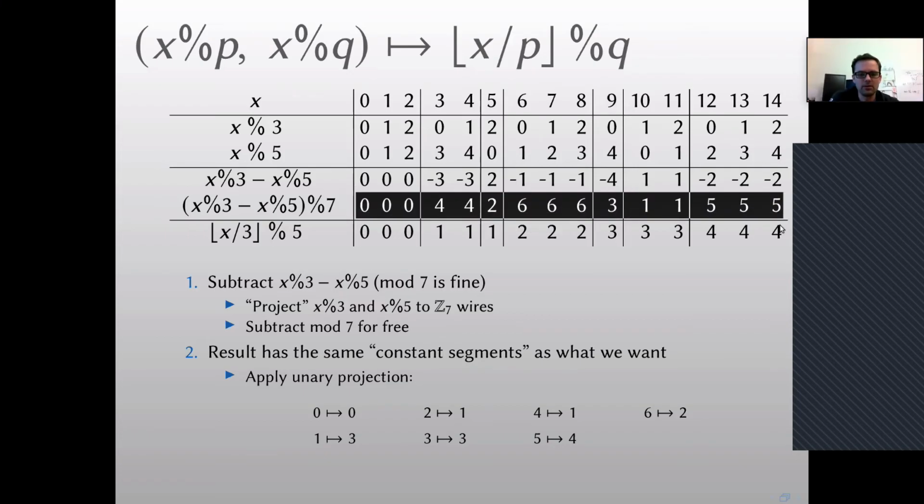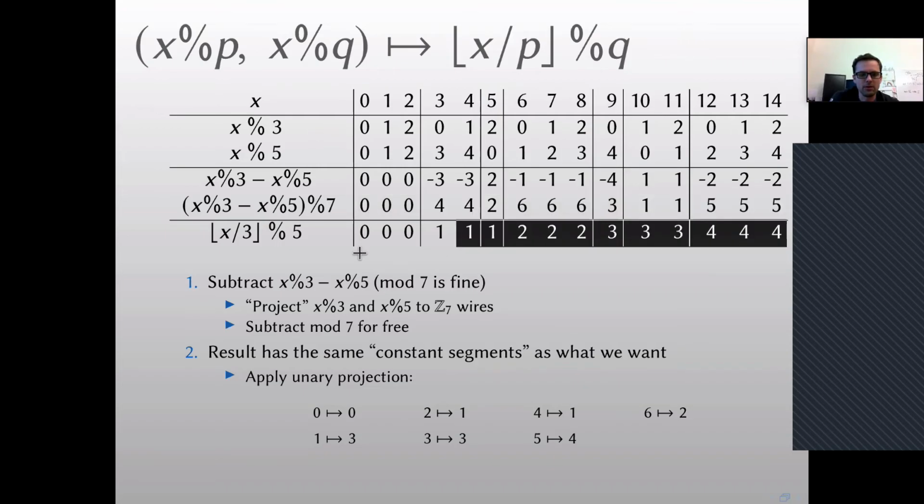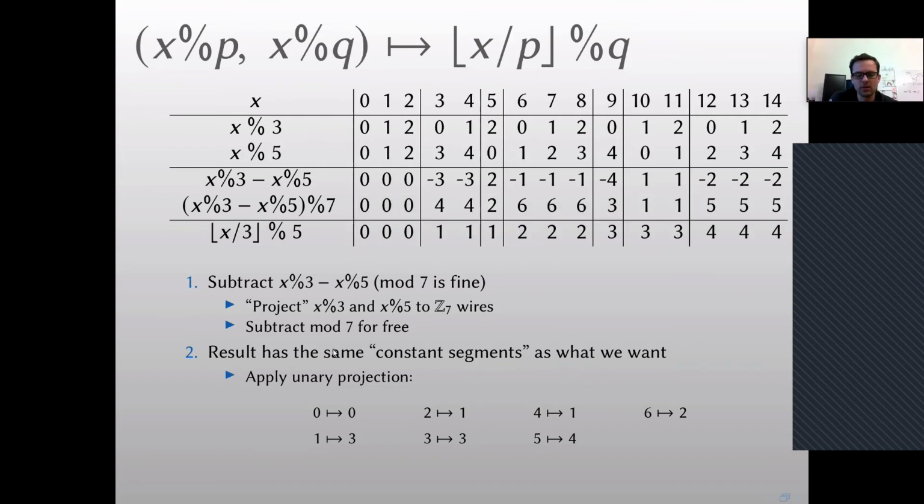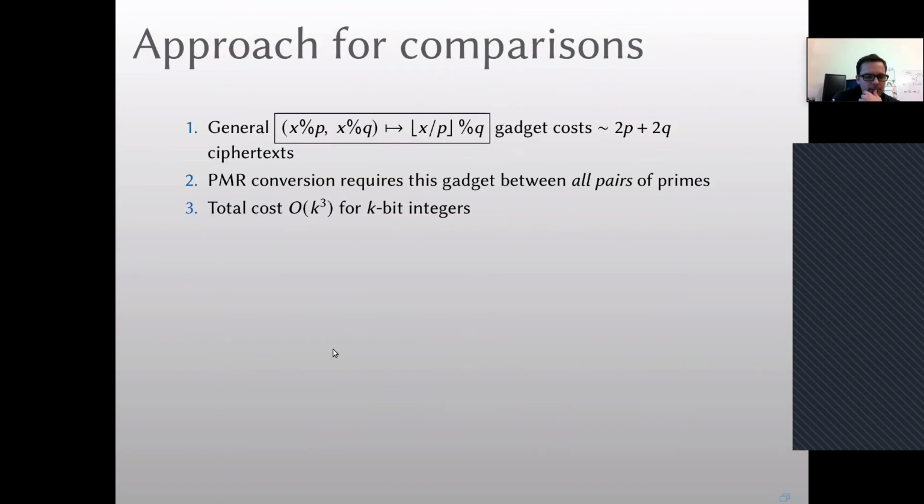I can convert it to the answer that I want with one of these unary gates. That will cost like 7 ciphertexts. Okay, overall, if you work it out, it costs roughly 2p plus 2q ciphertexts. If you do this between all pairs of primes, it allows you to convert to this primorial mixed radix representation.